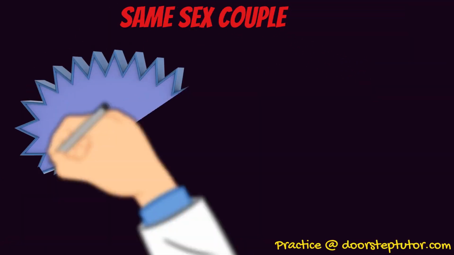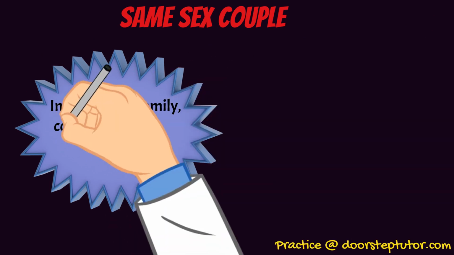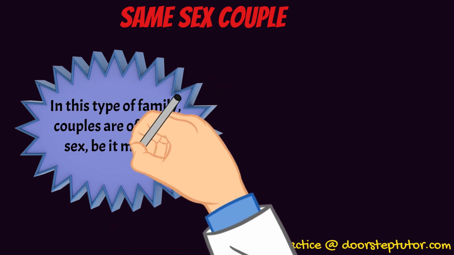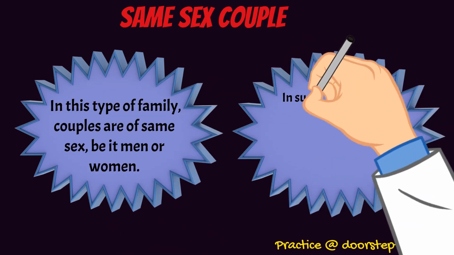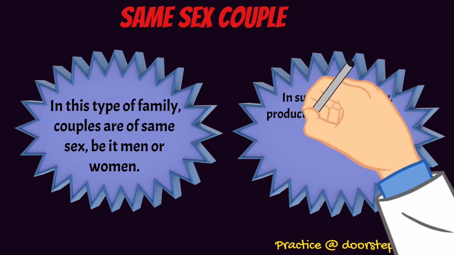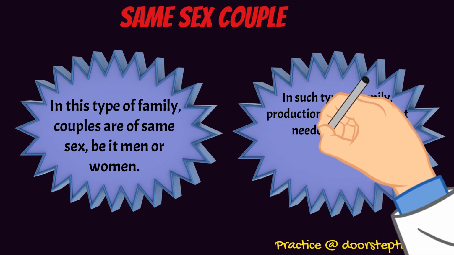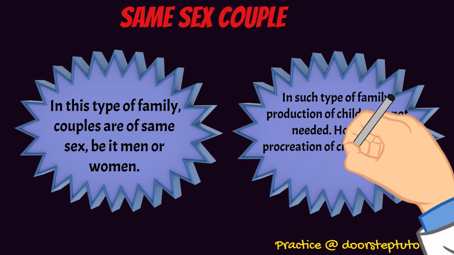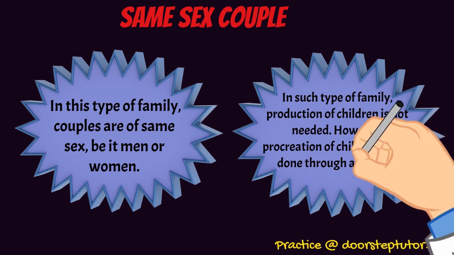Same-sex couple family. In this type of family, couples are of the same sex, be it man or woman. In such type of family, production of children is not necessarily needed. However, procreation of children can be done through adoption.